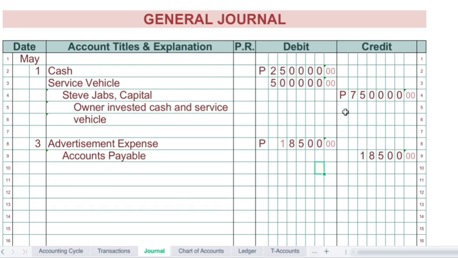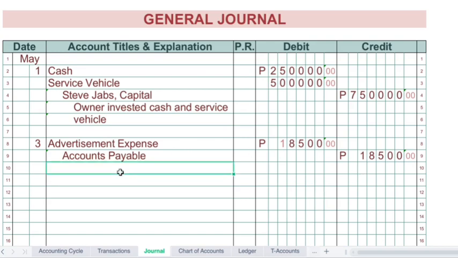Alright, so 18,500. Okay, so balance. So debit advertisement expense 18,500 and credit accounts payable 18,500. Both accounts increased.